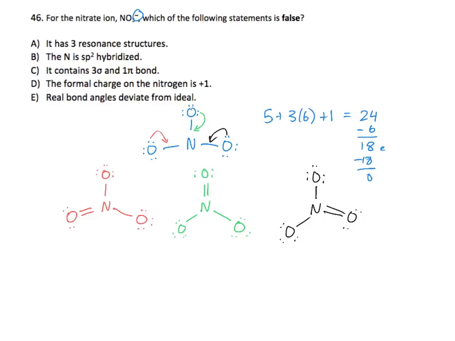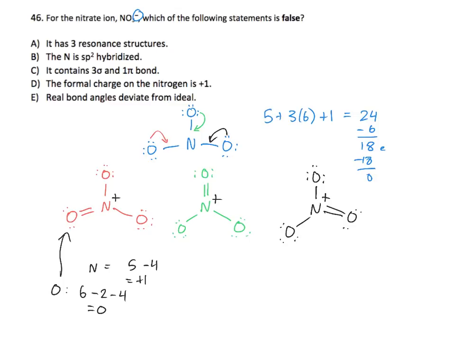To finish these structures off, what we need to do is work out our formal charges. The nitrogen in the center of all 3 of these is the same. The nitrogen has 5 electrons, and it has 4 bonds, equals +1. So all the central nitrogens here have a positive charge in the middle. The oxygens that are doubly bonded have 6 valence electrons minus 2 bonds minus 4 unshared electrons is 0.